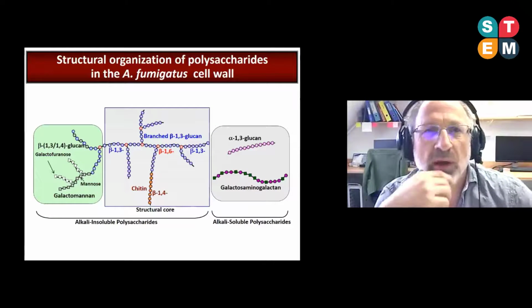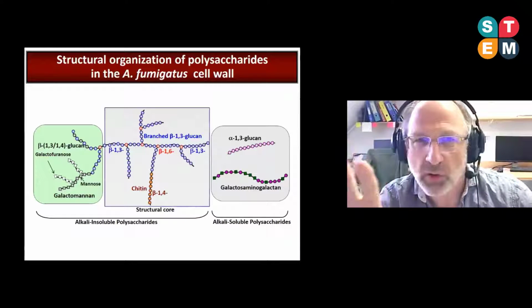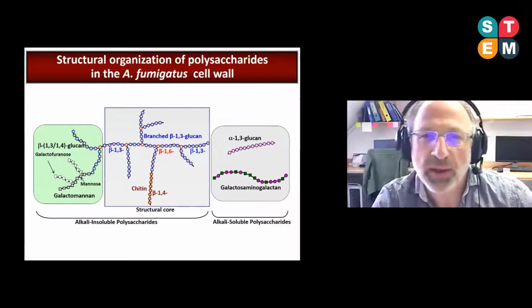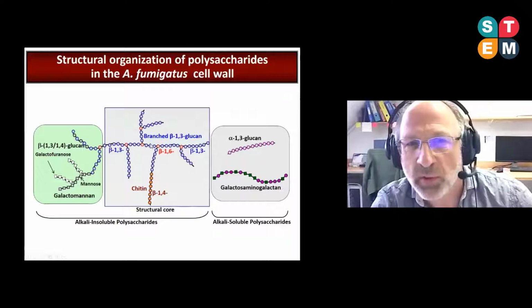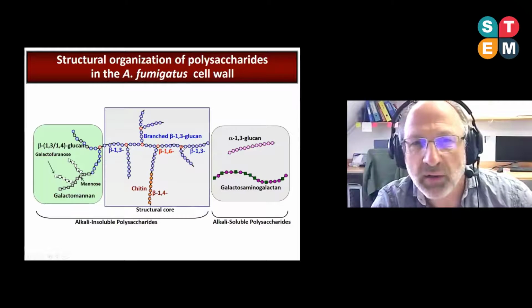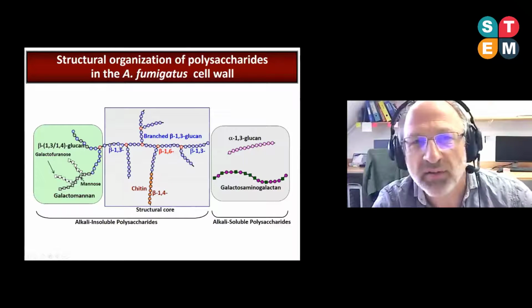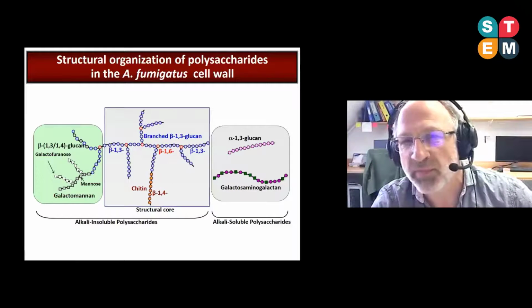We have analyzed the organization of the cell wall of Aspergillus fumigatus. The two main components, beta-1,3-glucan and chitin, constitute the structural core of the cell wall, and these two polymers are found in most fungal species.